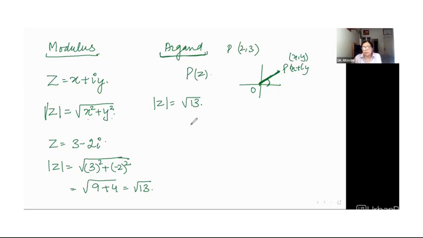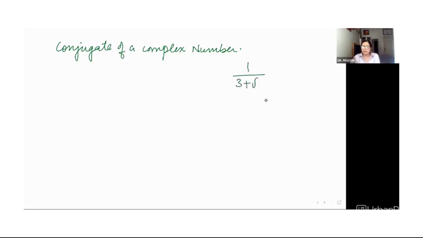Next we have the conjugate of a complex number. I hope you remember when we learned in class 9, if a number has 3 plus root 2 in the denominator, when you have irrational numbers in the denominator, we are not supposed to write it like that in the answer.